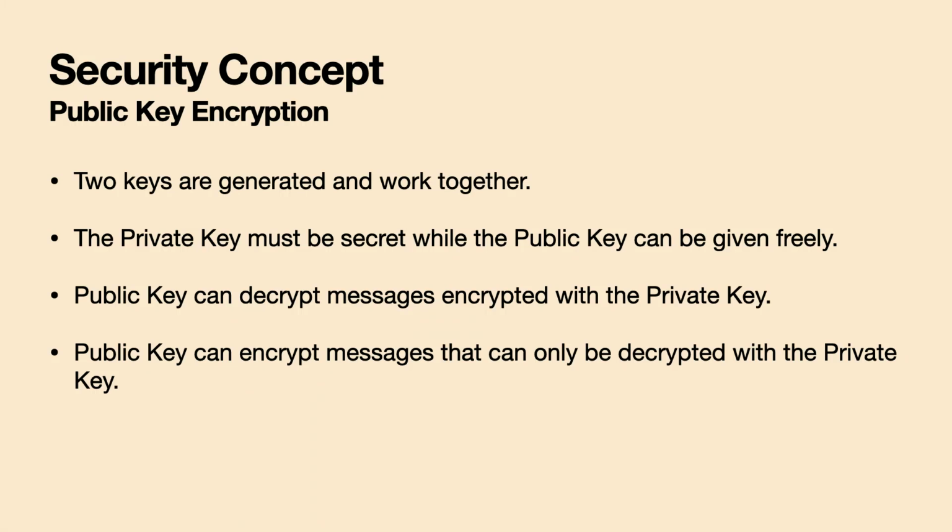But first I'm going to go over some basic concepts of how security on the internet works. There are a few different ways that security happens. This one's called public key encryption. This is how almost all website communication works, and other things. Basically, you have two different keys. They're usually pretty long random numbers that work together.